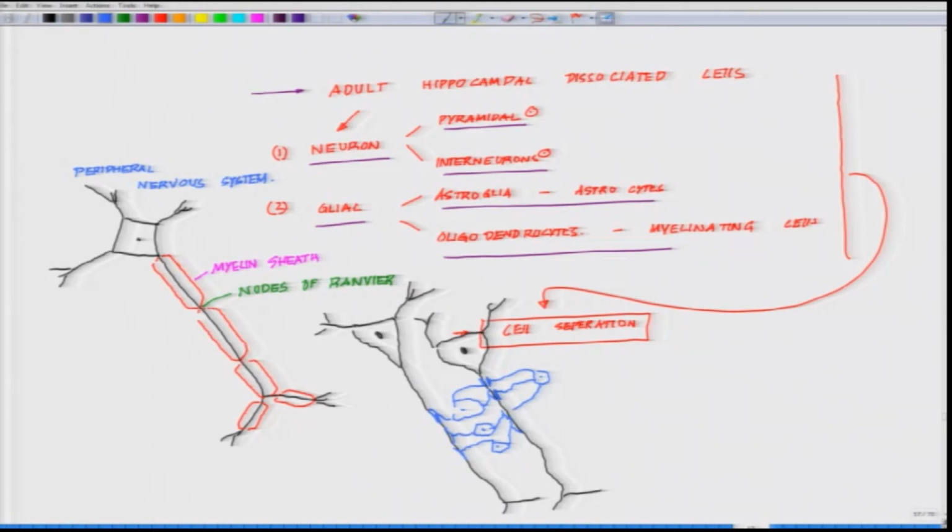You are seeing that these blue colored cells are forming a very similar kind of covering as you see here. So, this is a form of myelination that you see in a central nervous system neuron.